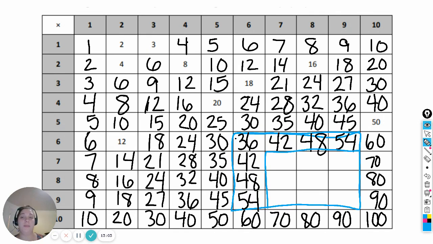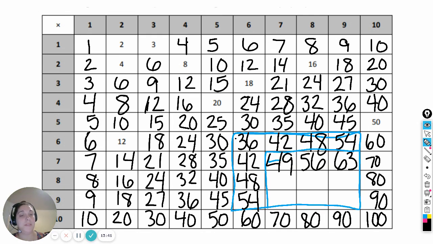So if we're skip counting by 7s, it's going to be 7, 14, 21, 28, 35, 42, 43, 44, 45, 46, 47, 48, 49. 50, 51, 52, 53, 54, 55, 56. 57, 58, 59, 60, 61, 62, 63.